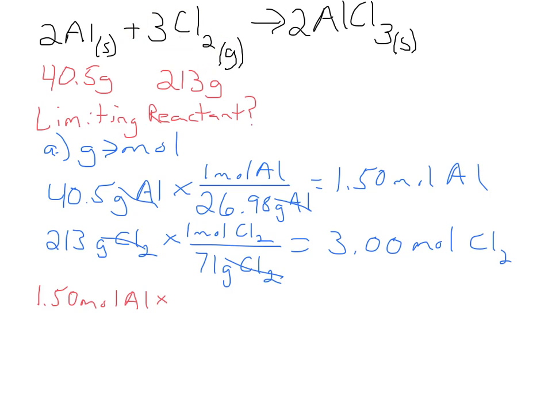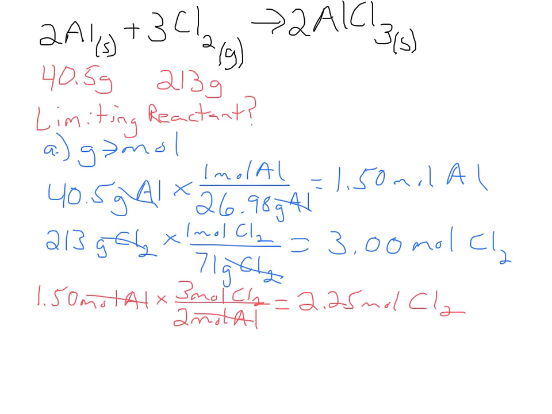So we can just use that stoichiometry to convert to how much chloride gas we can get from 1.5 moles of aluminum. Our moles of aluminum cancel, and we find we have 2.25 moles of chloride gas that can be produced from starting with 1.5 moles of aluminum.